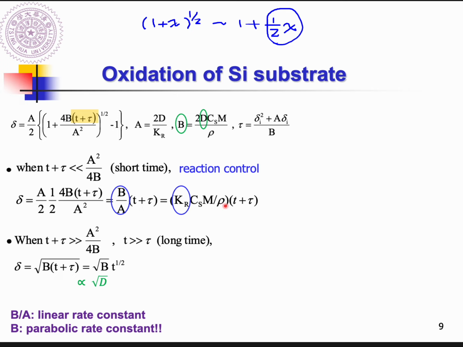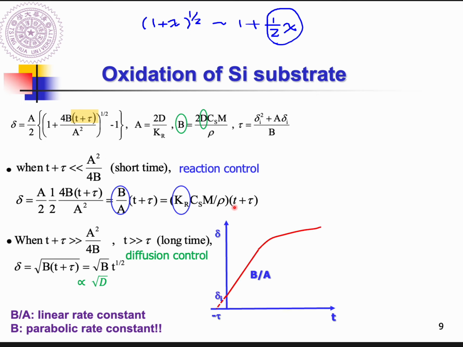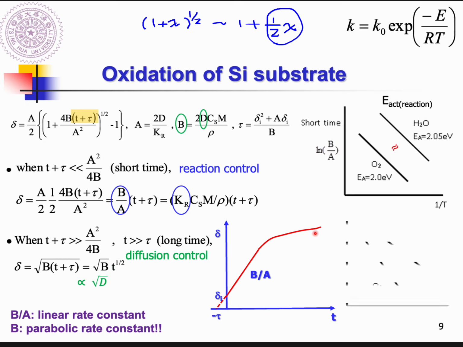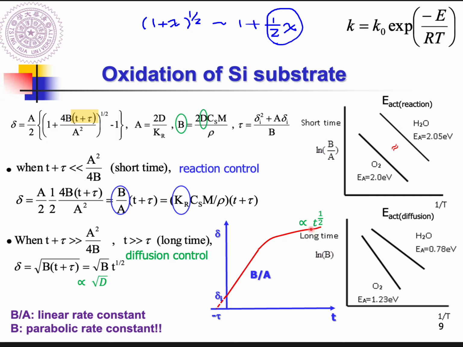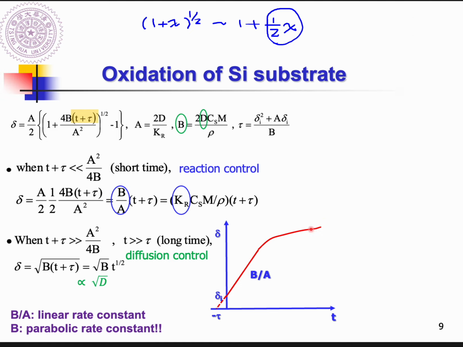So in the beginning, it's directly proportional to t, so it'll be shown like this. And for longer time, the delta is proportional to t to 1/2, so it'll be like this.